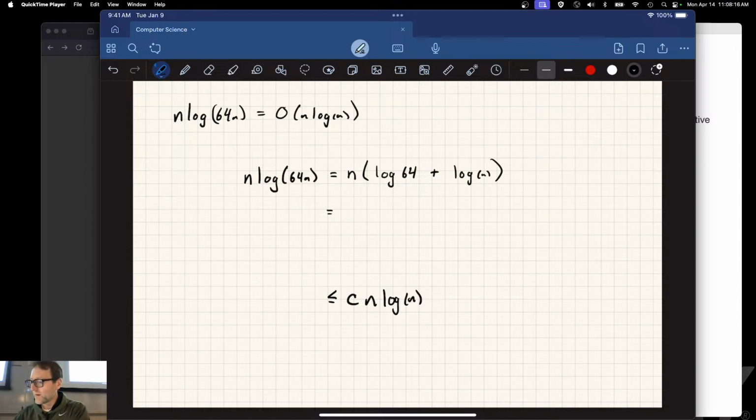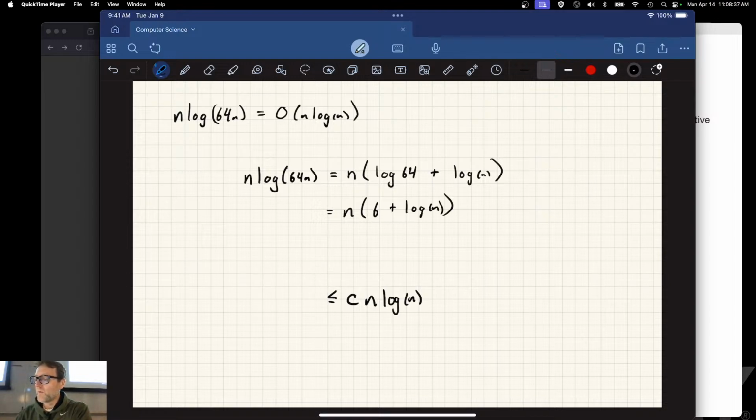I always remember that 2 to the 8th is the ASCII text table, because there are 8 bits in every ASCII text value, 8 bits in a byte, and that gives you values ranging from 0 to 255. So there's 6 plus log of n.